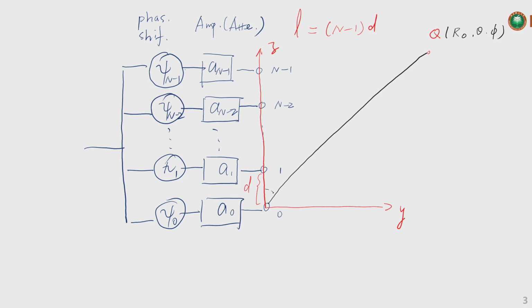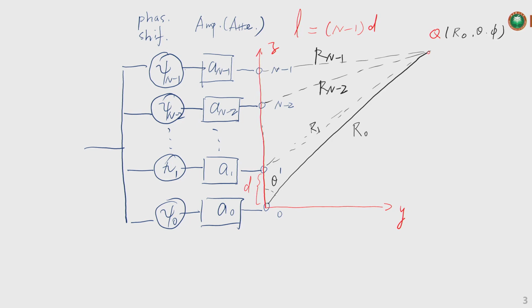This angle we call theta, an important angle. This distance is r node, and this distance is r_1, here is r_(N-2), and this one is r_(N-1).